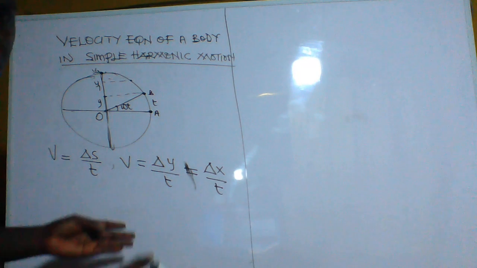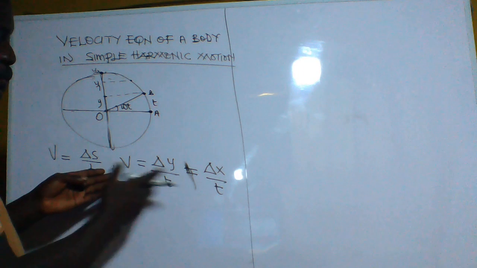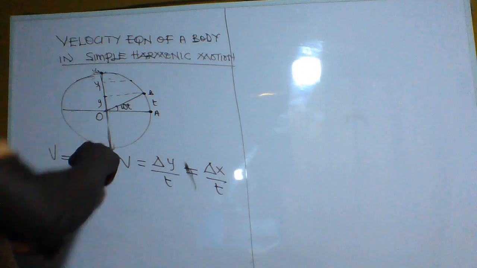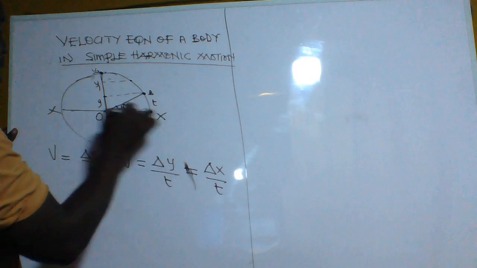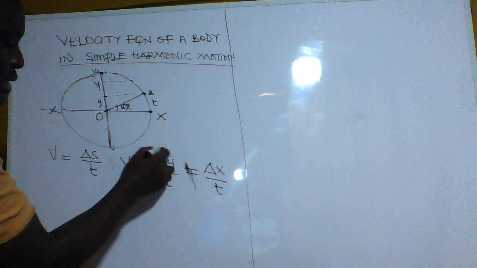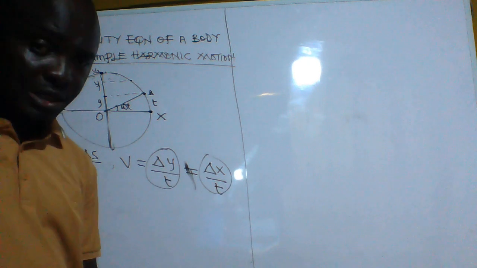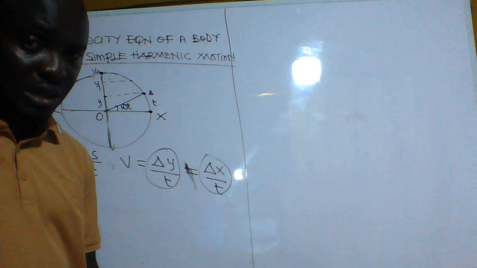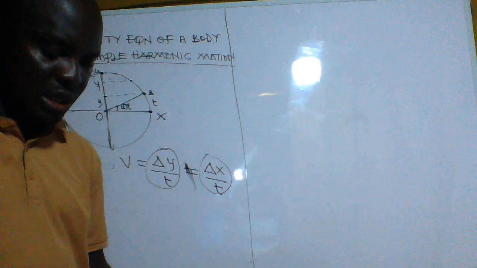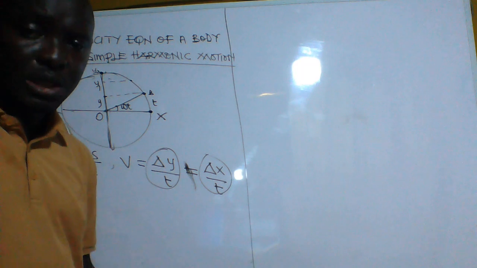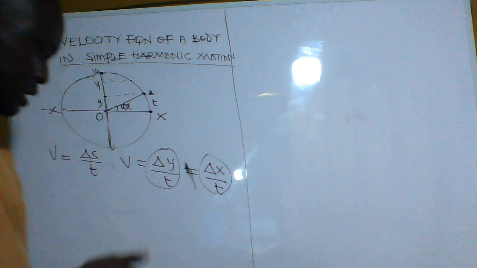And that is when we are looking at the changing displacement along the vertical axis or along the horizontal axis. So either this or that will give us the velocity function at any time t. Here what we must be interested in is which axis it is around, along y or x, then we use either of them.